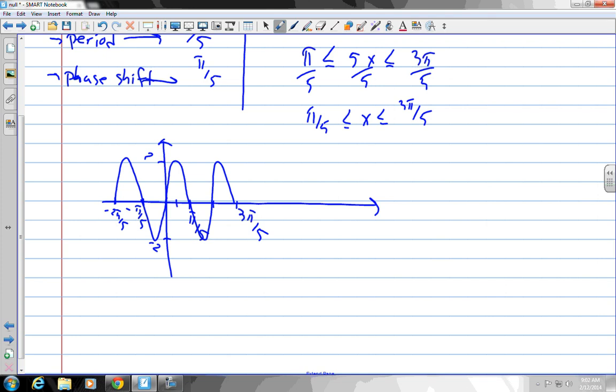So we can just keep going like that. Okay? So let's just do a few more of this. And then this is just 5 pi over 5, which is pi. So it will do this again. Okay?